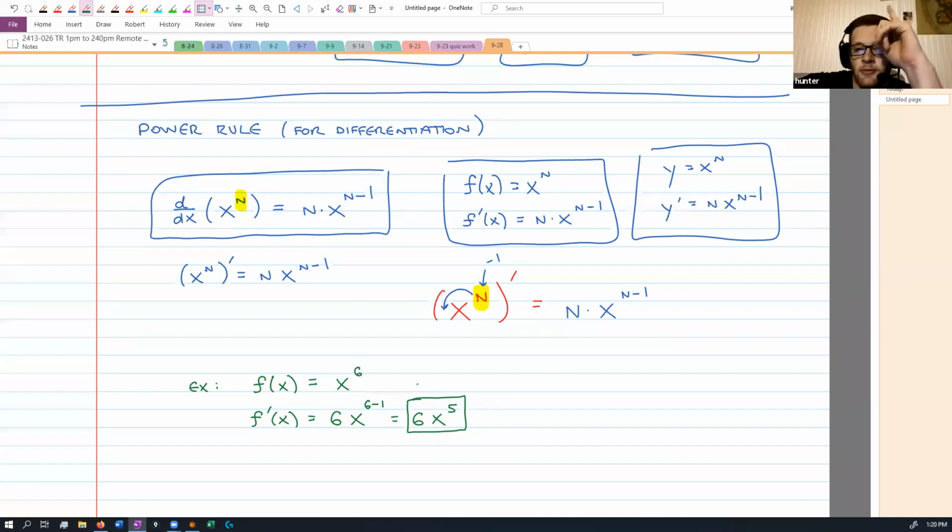So question. Yes. This might be getting a little bit ahead of myself, but what if it's something like x to the 6th minus 1 or x to the 6th plus x squared? Yeah, okay, good. That'll be in these rules. We're going to get to it today in just a minute. Right now we're starting with single terms. And then we're going to ask ourselves, well, what if you have addition and subtraction between terms, right?